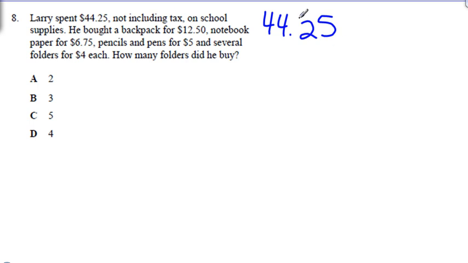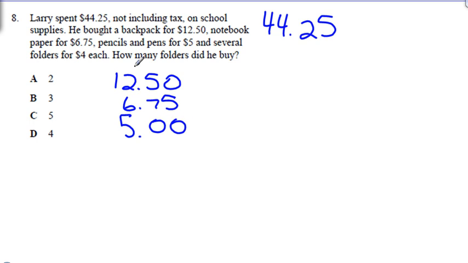So let's add up everything that we know that he bought. So he bought a backpack for $12.50. He bought paper for $6.75. And he bought pens and pencils for $5. And I'm going to fill in a couple zeros there, because when we add these up, we want all our decimals to be lined up.